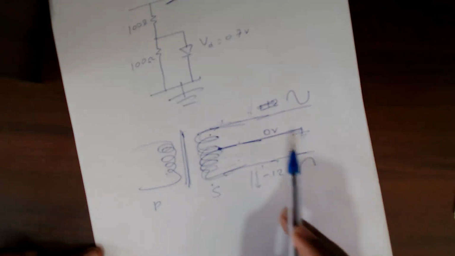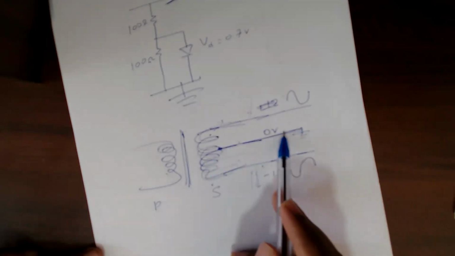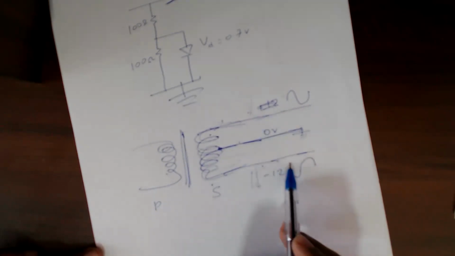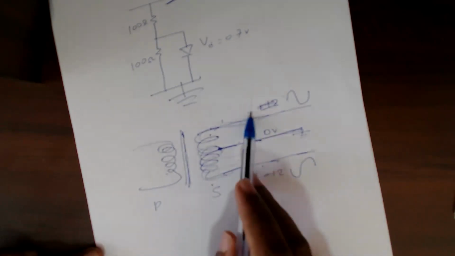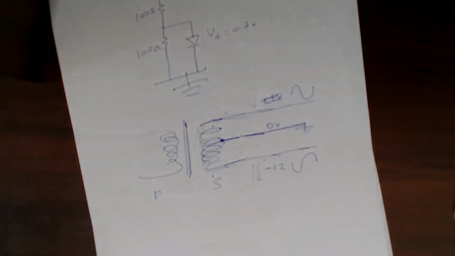For a center tap, the advantage is that you get a 0 line like this. With respect to this, the phase difference between these two terminals will be opposite. If this is positive, this will become negative. If this is negative, this will become positive. So they will always have opposing phases. So this kind of design is known as the center tap transformer design. Is that clear? Yes sir, it is.